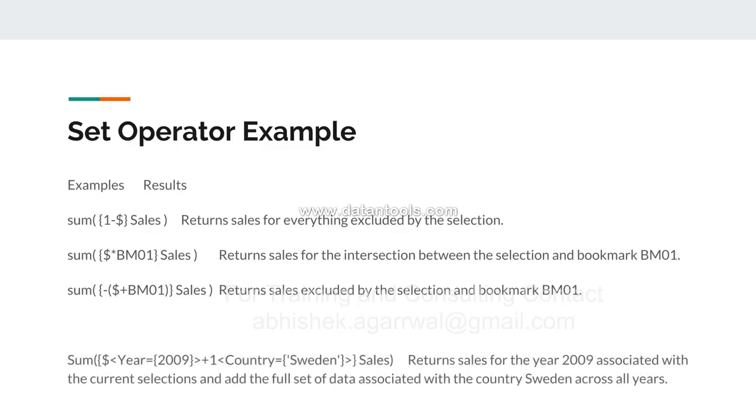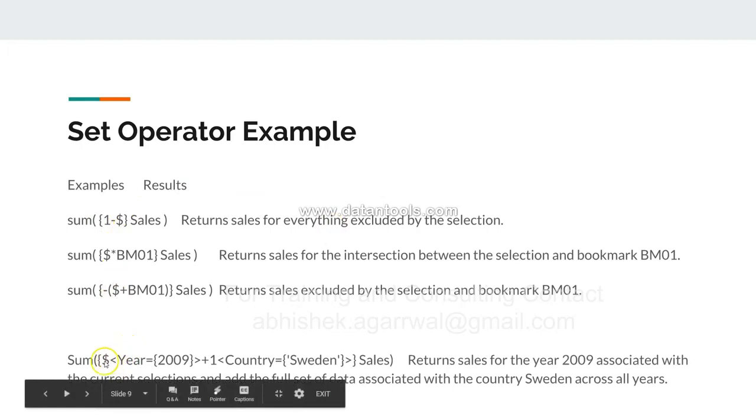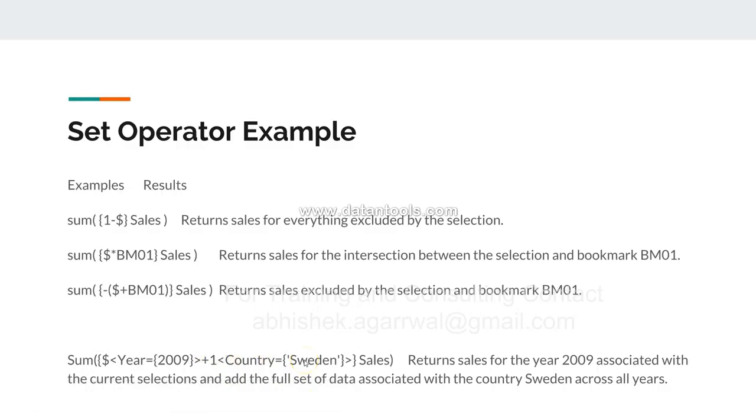And finally, a different type of example. First you have the dollar year 2009 within one set, and in another set you have all the values but only for country Sweden. So it returns the sales for 2009 associated with the current selection, as dollar is present over there, and then adds the full data set associated with the country Sweden across all years.